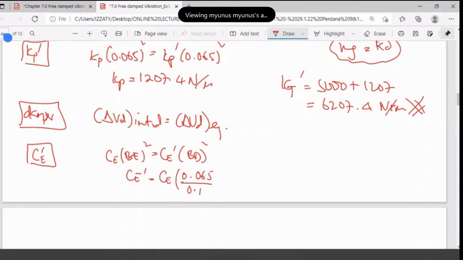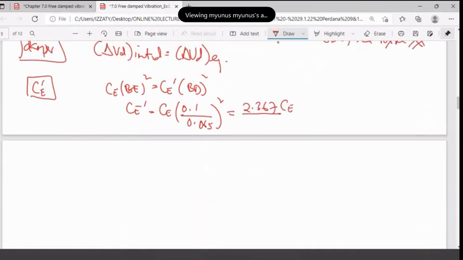The other way around, it's supposed to be this one, 0.1, yeah? 0.1, 0.065, to the power of 2. You're getting a result in terms of 2.367 CE. Okay, so that is the calculation about what we're going to do next.